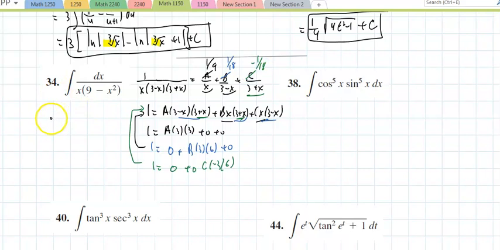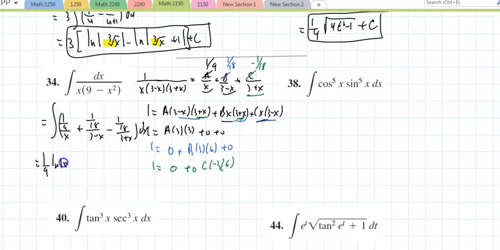So this integral just became the integral of 1/9 over x plus 1/18 over 3 minus x minus 1/18 over 3 plus x dx. And if I eliminate those, just let me make that a bit bigger, 1/9 over x plus 1/18 over 3 minus x minus 1/18 over 3 plus x dx, and that in turn will be 1/9 natural log of x.